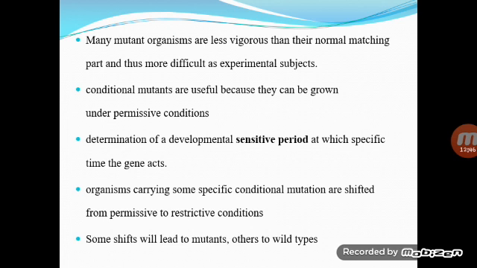In these studies, organisms carrying some specific conditional mutation are shifted from permissive to restrictive conditions at different times in the course of development. Some shifts will lead to mutants, others to the wild type, and from these results the sensitive period of the gene action is assessed.